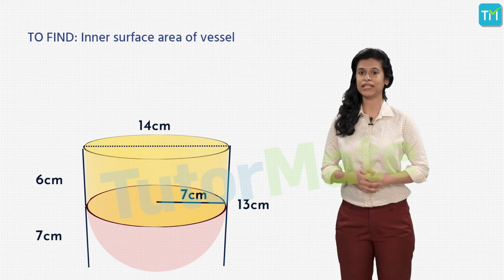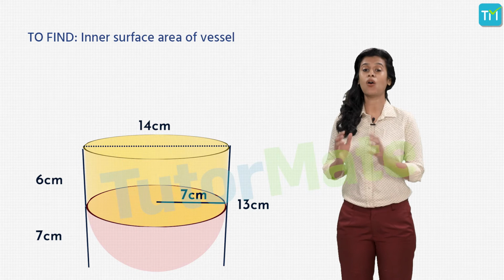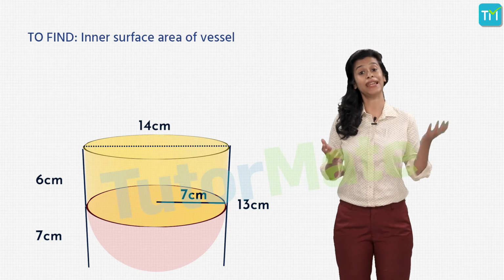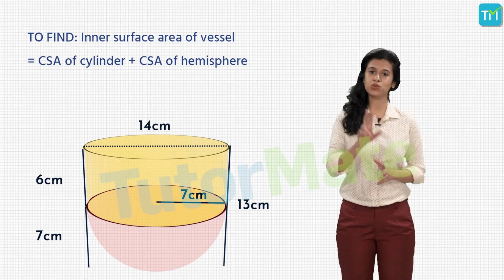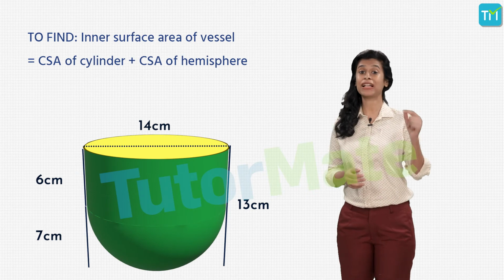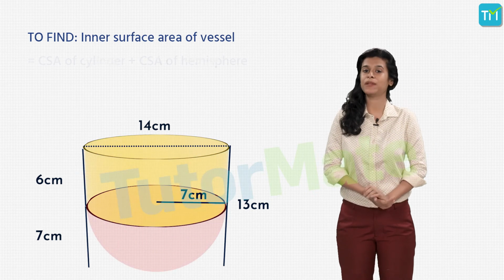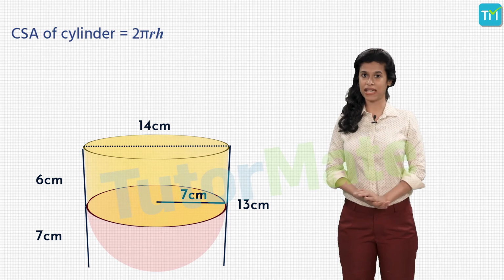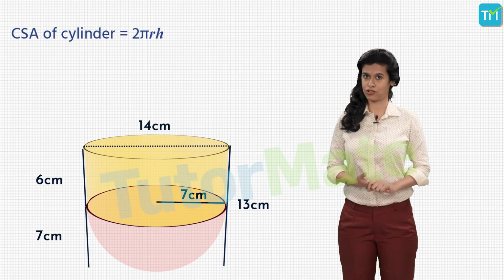Now, we need to calculate the inner surface area of the vessel. Since these are hollow shapes, we just need to find the lateral surface area or the curved surface area of two shapes, which are the cylinder and the hemisphere. So, first we will calculate the curved surface area of the cylinder. By the formula, the curved surface area of the cylinder is equal to 2 pi r h.